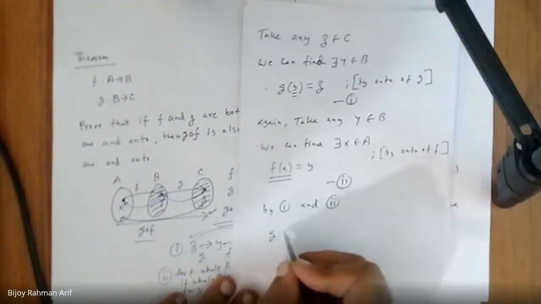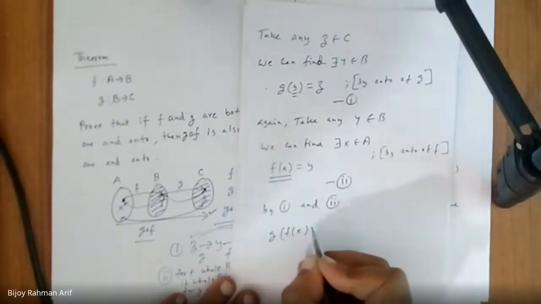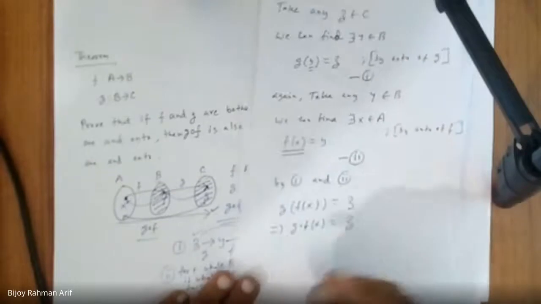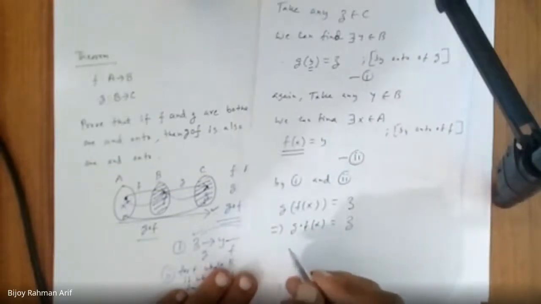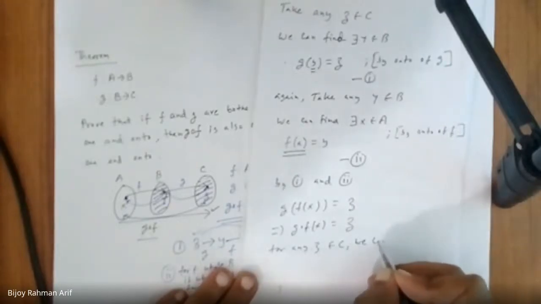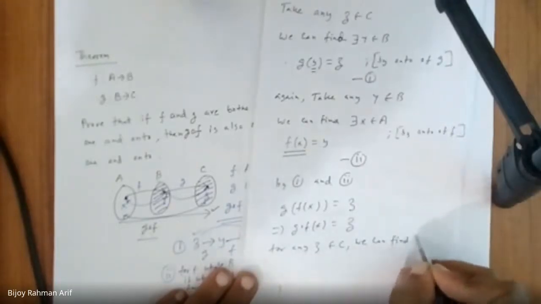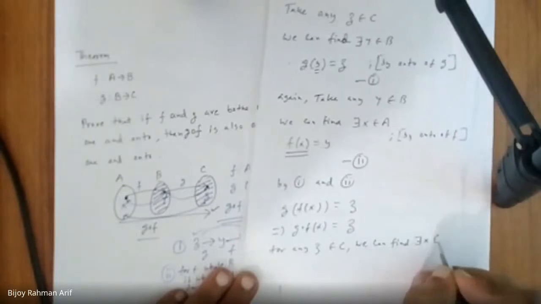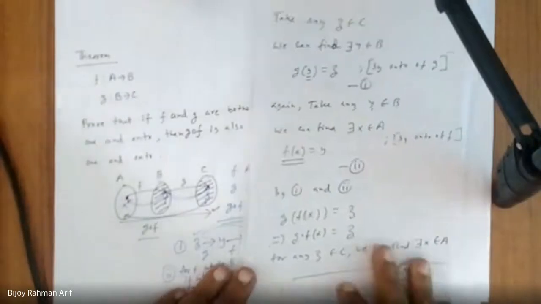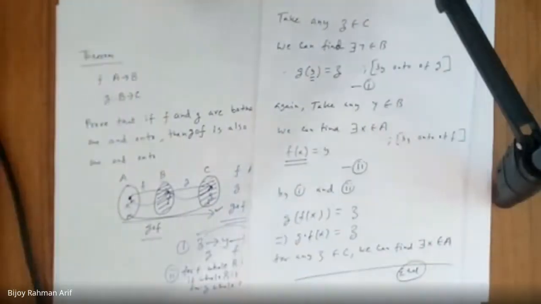So G(F(x)) equal to z. That means for any z belongs to C, we can find some x belongs to A. So QED, done. So this is the proof.